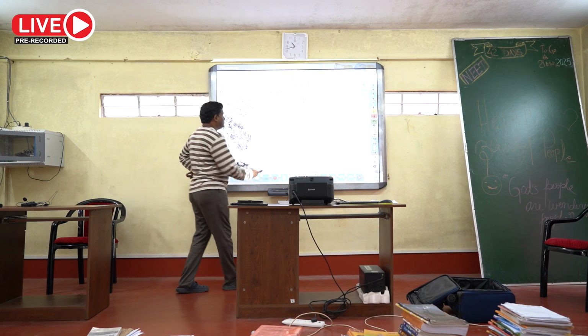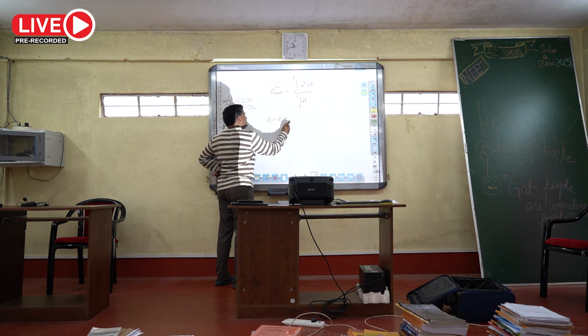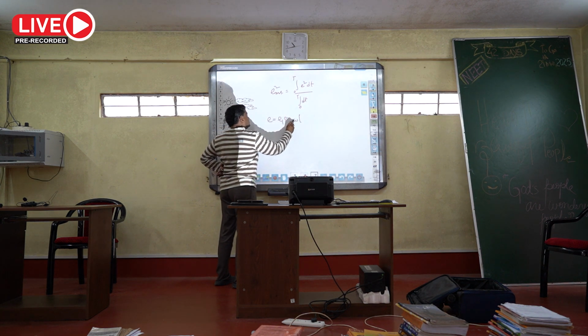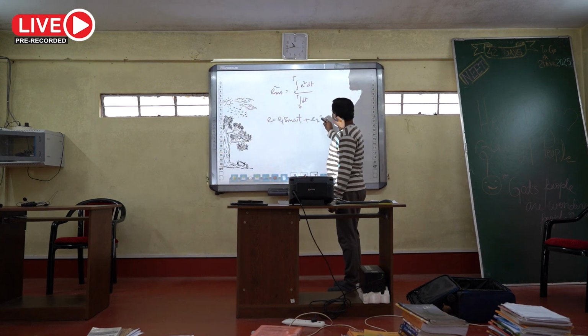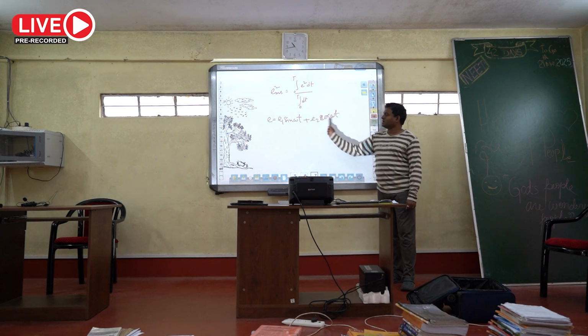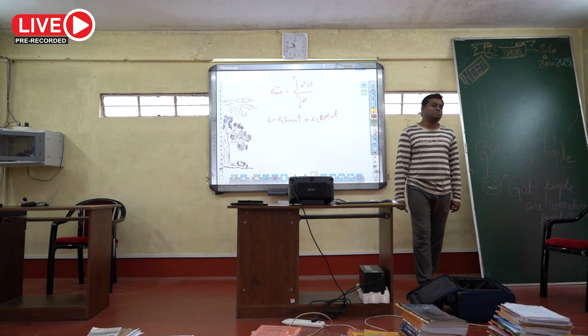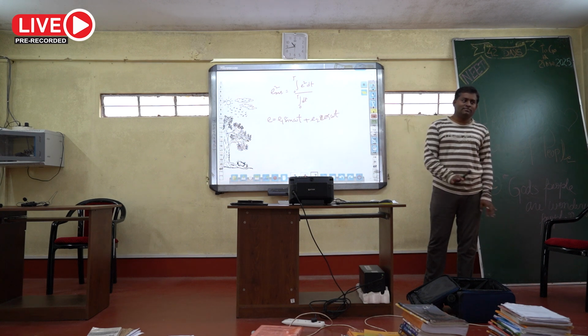Here the function given is E1 sin omega t plus E2 cos omega t. These are the superposition of two simple harmonic motions. Forget about current and everything.